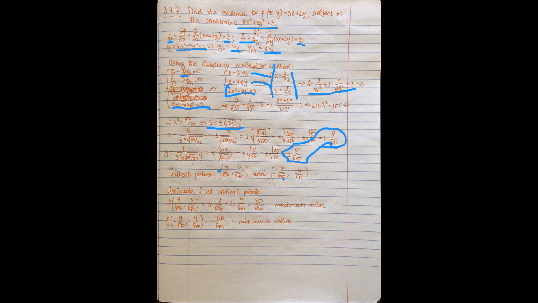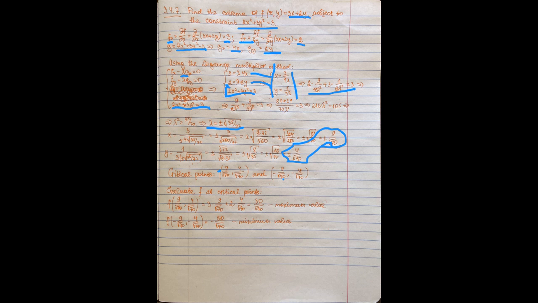That's why I don't have mixed positive and negative numbers for x's and y's. So now I have only two critical points. And to figure out if they are maximum or minimum values, I just plug the numbers into the original function f over here, because now I know x's and y's.